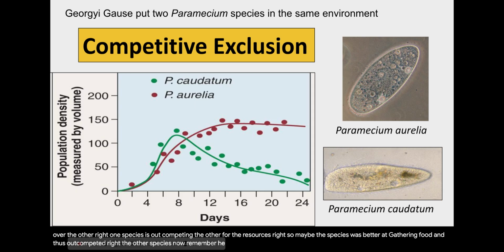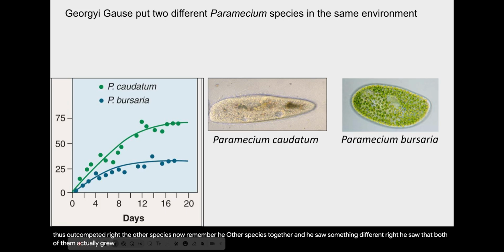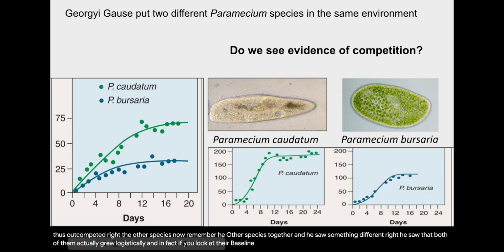So now he's going to put 2 other species together, and he saw something different. He saw that both of them actually grew logistically. And in fact, if you looked at their baseline, this caudatum on its own developed a higher population.